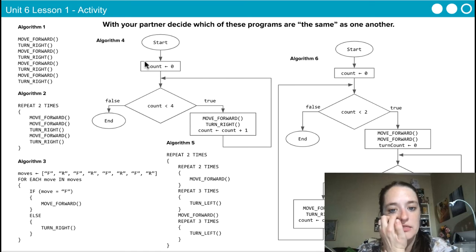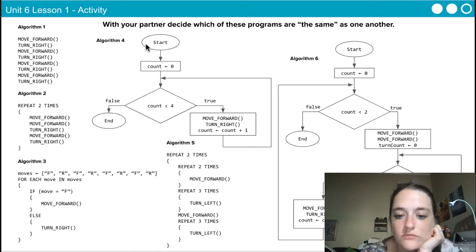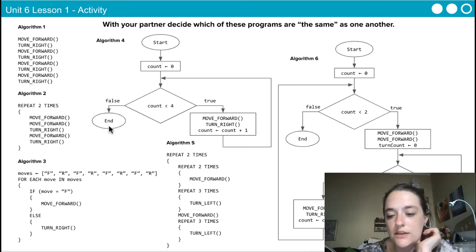Let's look at algorithm 4. Start, count is 0. If the count is less than 4, then it would be true. If it's false, then it's going to end.